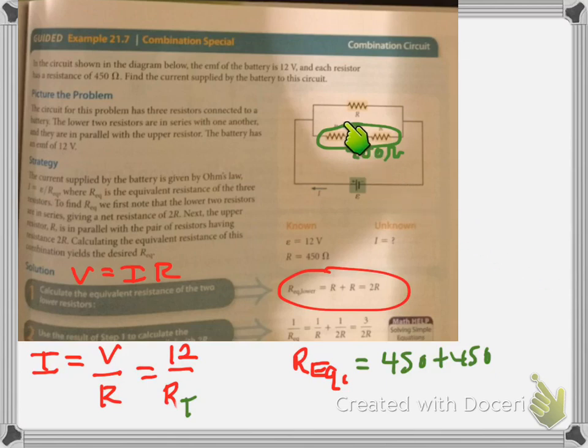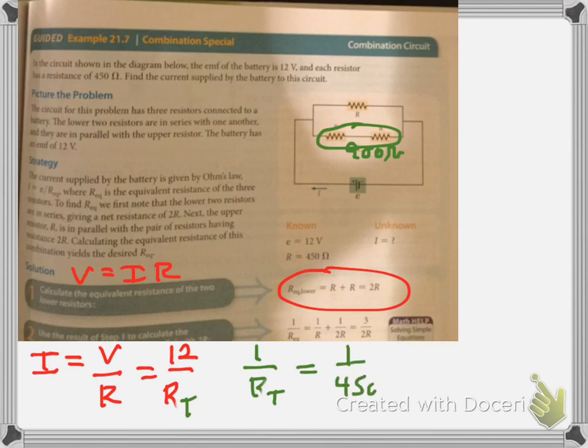Now these two are in parallel. So whenever you have a parallel circuit, to find its equivalent resistor, you have to do the reciprocal. So this one's going to be my total one because this is the last resistor I have to figure out. It's going to be 1 over 450 plus 1 over 900 because these two right here are an equivalent of 900 together.